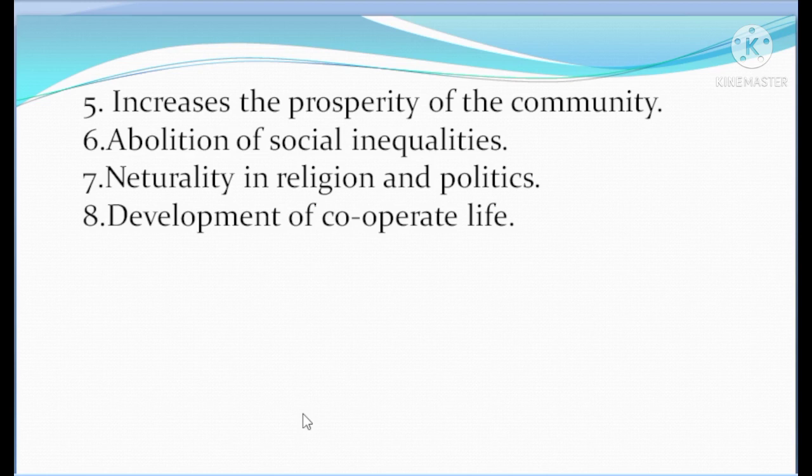The fifth objective of cooperation is increasing the prosperity of the community. See, when the sense of community feeling comes, community means we feeling. The definition of community is having a common geographical territory and having we feeling. In community, we do have we feeling.